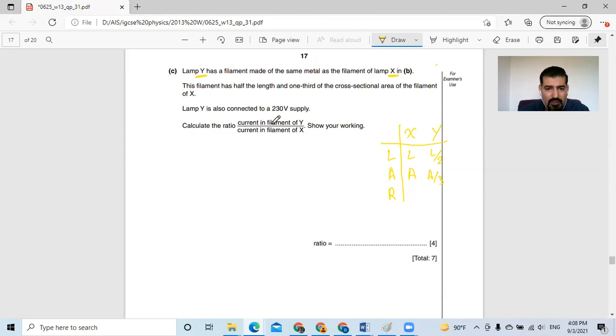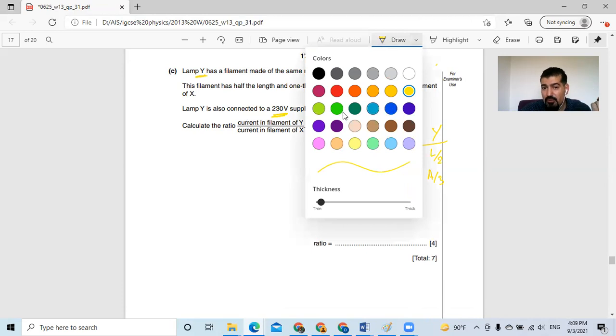They ask to calculate, and these have the same voltage, the ratio between current and current. We didn't study the relationship between current and current, or did we? We don't.